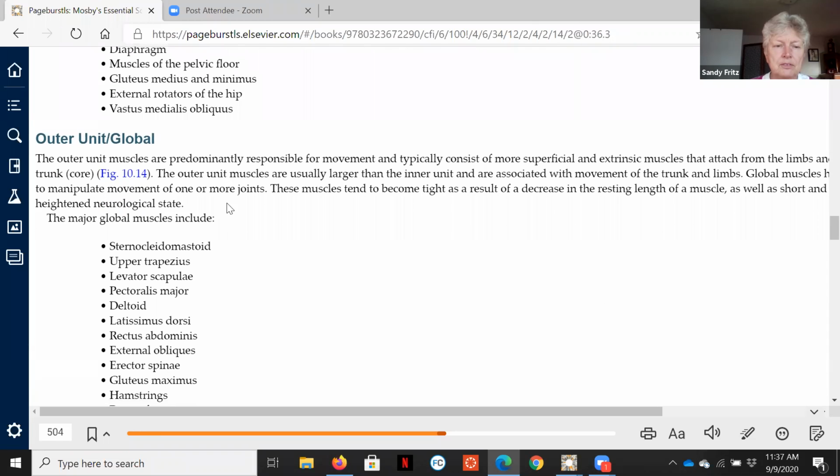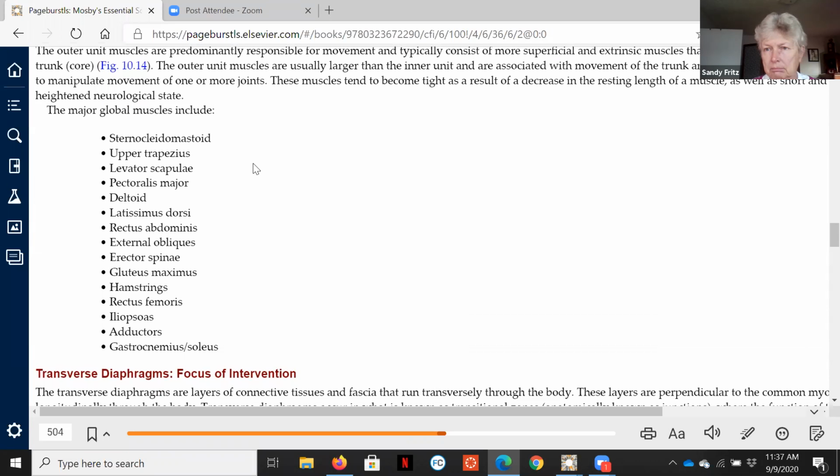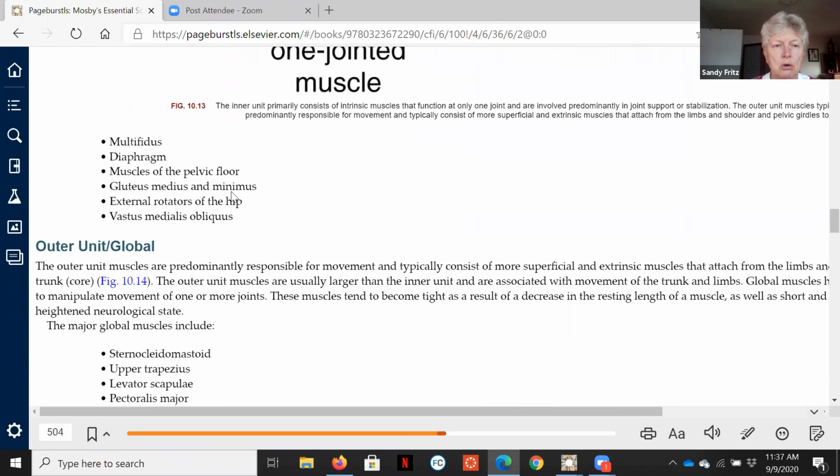And then your muscles that are a little bit more related to movement. So this is another way of thinking about function.